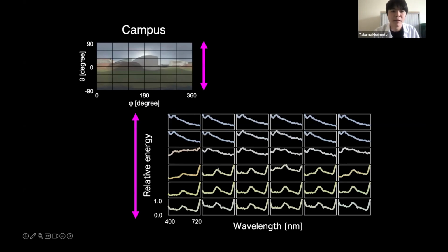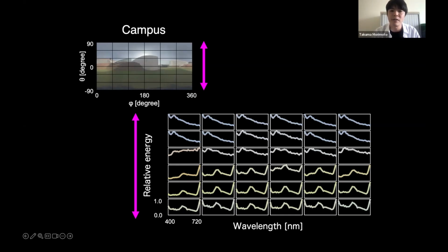Lights from above are all kind of bluish lights, but lights from below in this scene are mainly interreflection from the grass ground. That's why their spectral shape is largely modified by the surface reflectance of the grass, and so it has a very different spectral shape.